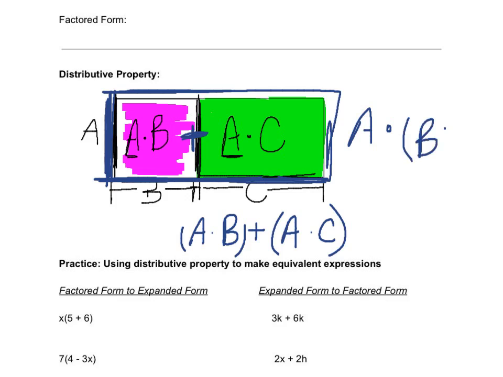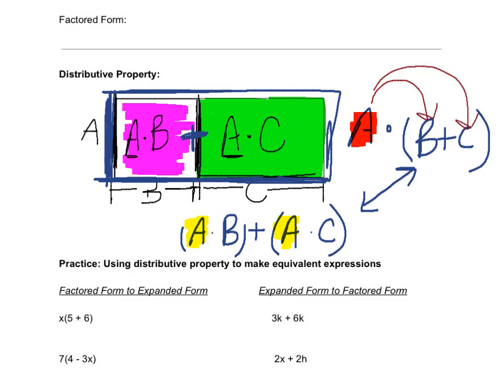And you find the length of the bottom by doing B plus C. These two right here are equivalent expressions, and they show how the distributive property works, because in this one expression that's underneath the shape, you can see that both of them share an A. Well, in the other one, I took the A and put it on the outside, and then it would be shared with the B and shared with the C. So distributive property is all about sharing what's on the outside of the parentheses with anything that's on the inside.